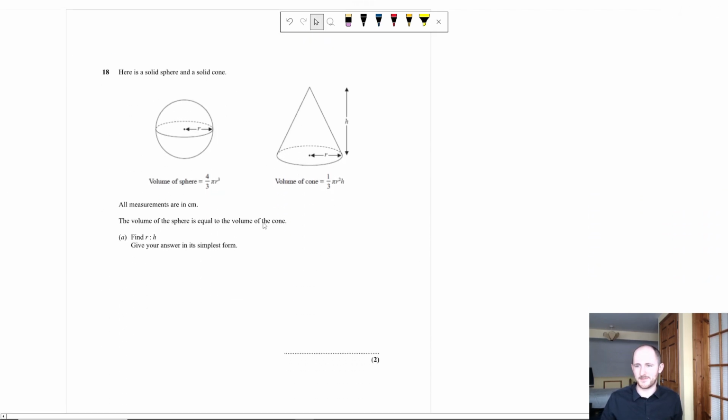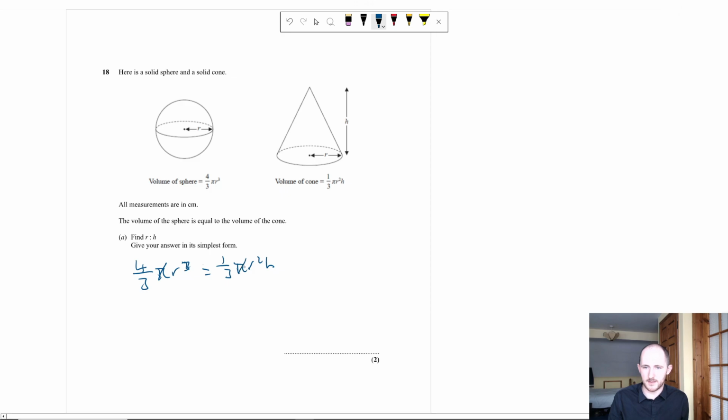Okay. So we have a solid sphere and a solid cone. I've seen a similar style of question, at least I think I have. The volumes are the same. Cool. So what they're trying to tell you here is that the volumes are the same. So all we have to do is equate these two things together. Not too bad. 4 over 3 pi r cubed equal to a third pi r squared h.